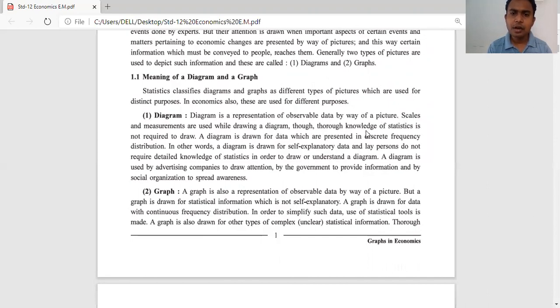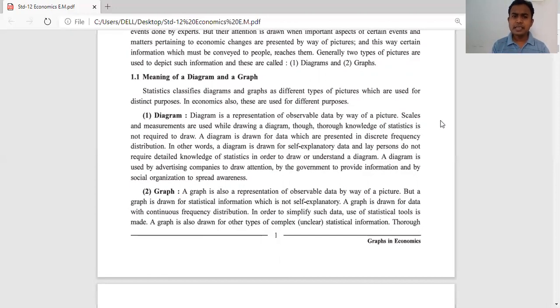When we are drawing a diagram, it is the representation of data, of information, by way of pictures. You can draw pictures, that is, a pictograph is also a diagram. We are using pictures, some symbols to represent our information, that is the diagram.